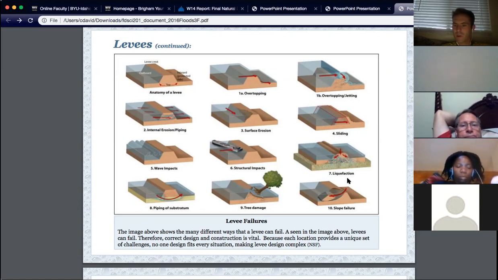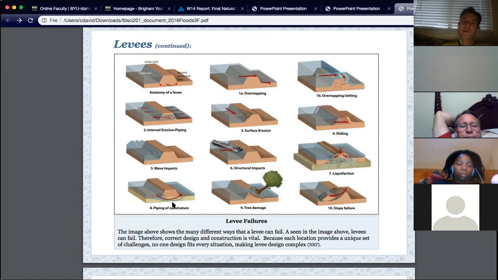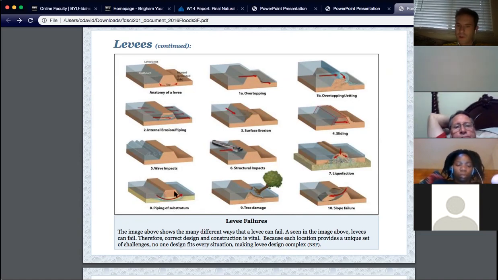Liquefaction, basically the water gets in and the levee kind of just sinks down. Piping of substratum. This is basically where the water doesn't go through the levee. It's similar to internal erosion piping, but it actually goes under the levee and through the ground, whether it be through the rocks or whatever's down there. It finds a porous, permeable layer of something and just travels along that and goes through.